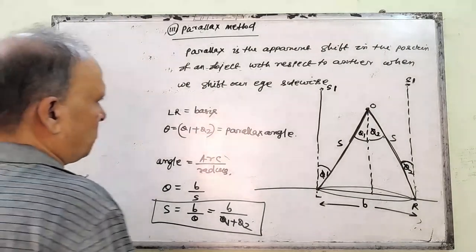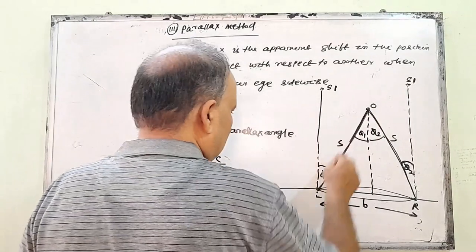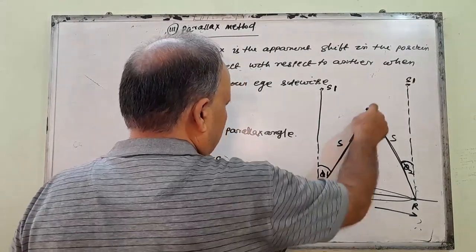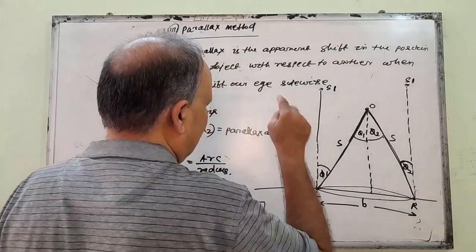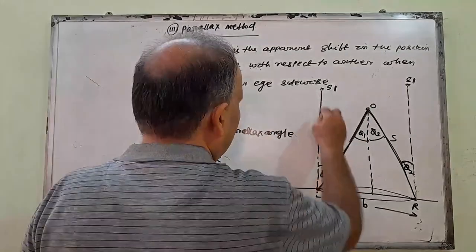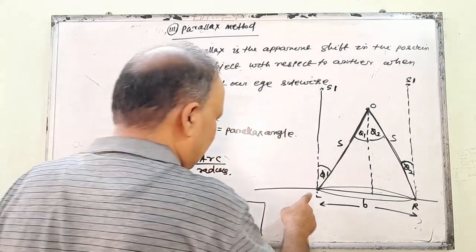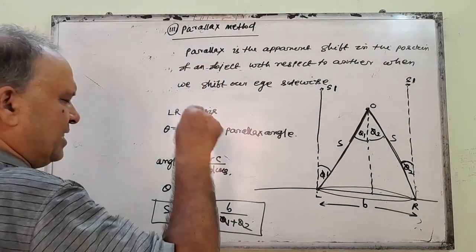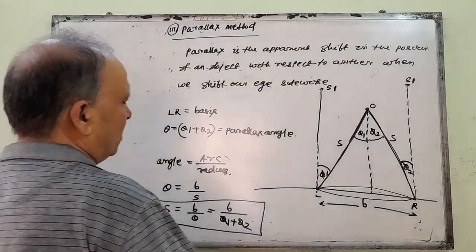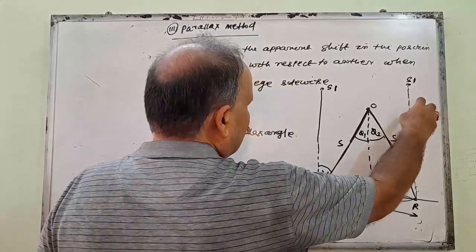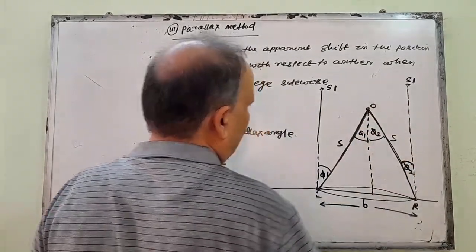So you see here, this is an object. First you see the object through the line in your left eye, and suppose that line makes an angle phi 1 with a distant star S1 with respect to our left eye, and when that star is seen in your right eye, it is supposed to be at S1 here, and it makes an angle, that is OR makes an angle phi 2.